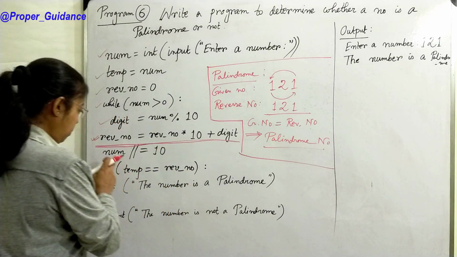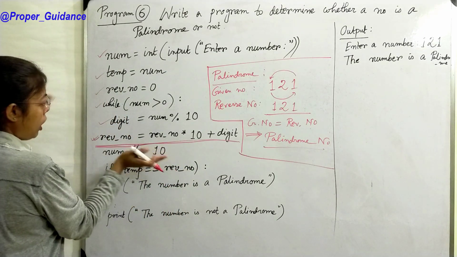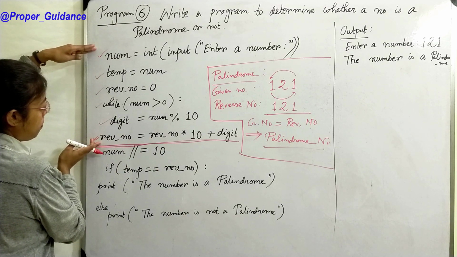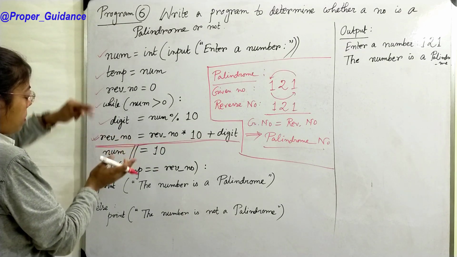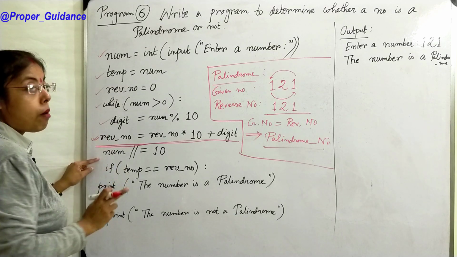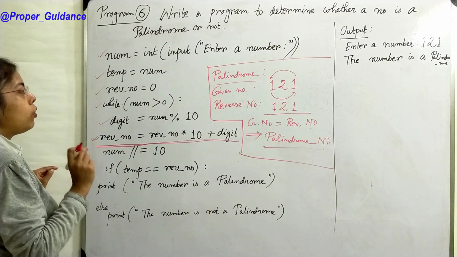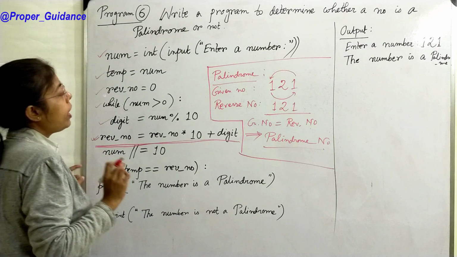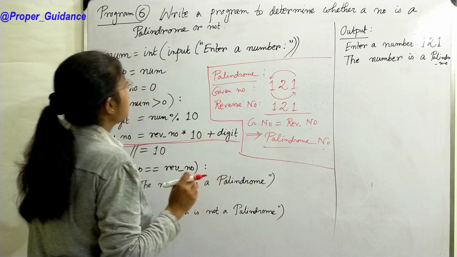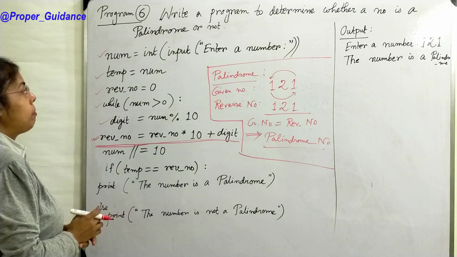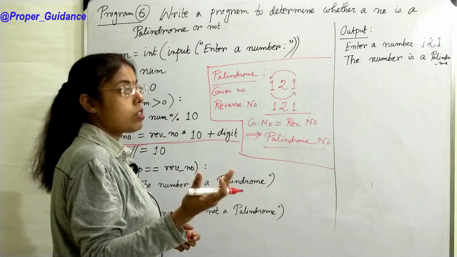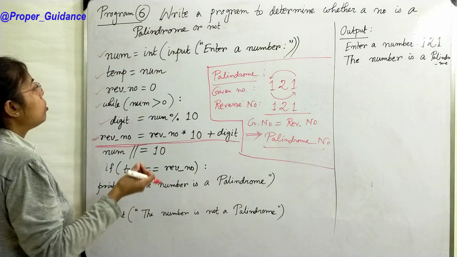Now see the next line. After this particular part, we assign num as num divided by 10, and the integer value will be taken here. Those who are new to my class, I would like to explain that in my previous videos I discussed many things, so please follow all those videos.